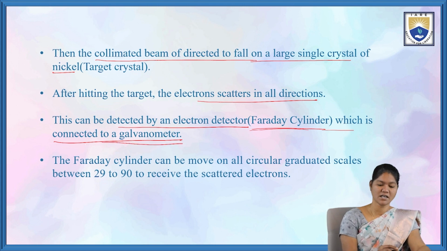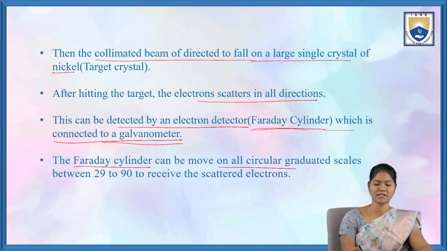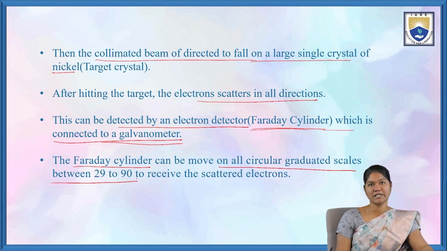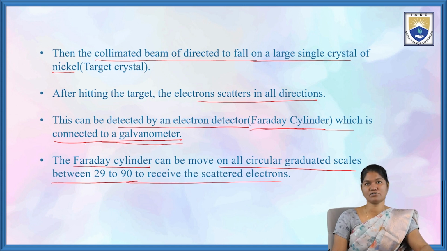This electron detector, or Faraday cylinder, can move on a circular graduated scale between 29 and 90 degrees to receive the scattered electrons, which are scattered in all directions.